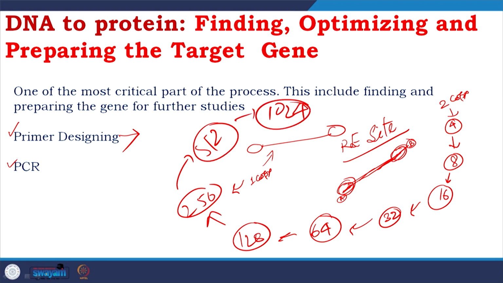In that way, each cycle. So, if you count 1, 2, 3, 4, 5, 6, 7, 8, 9, 10 cycles, you will get 1024 copies. You do more, you will get 2048, 4096 in that way. So, you get a lot of your DNA now by designing the primer and performing PCR.